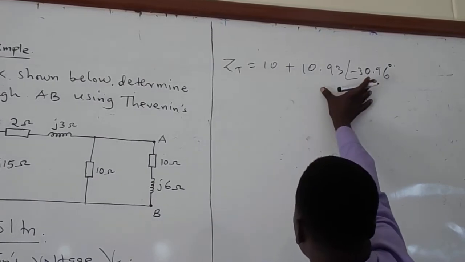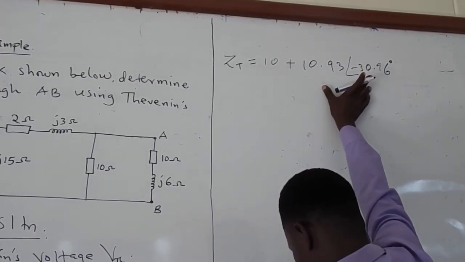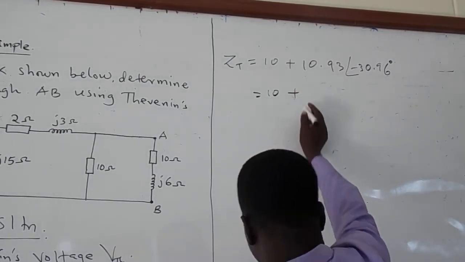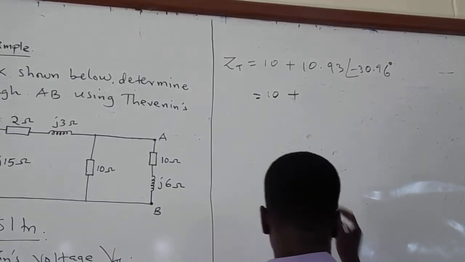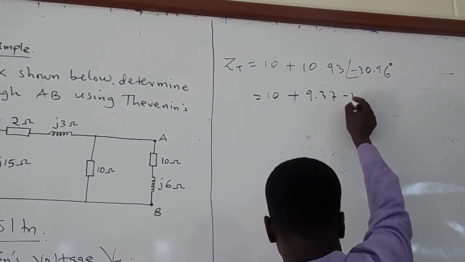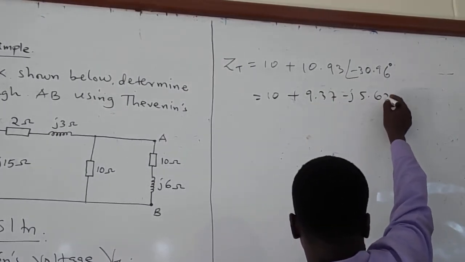Converting this into rectangular form will give us 10 plus 9.37 minus J5.62.